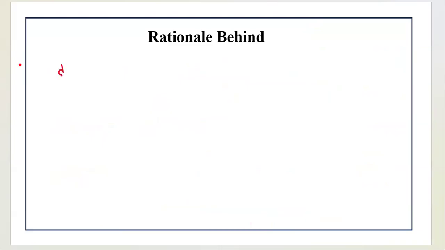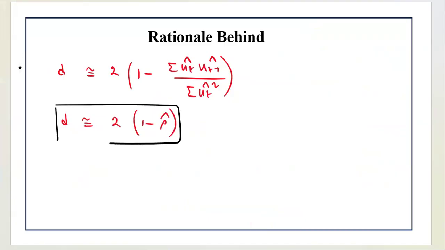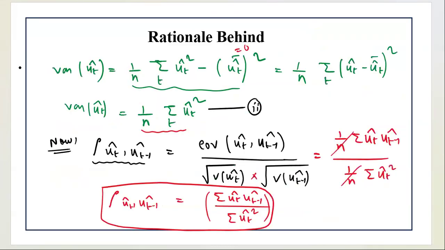So from that relationship, we had D approximately equals 2 into 1 minus summation ut cap, ut minus 1 cap over summation ut cap square, and that will be 2 into 1 minus simply rho cap, right? Rho cap is nothing but this particular thing.